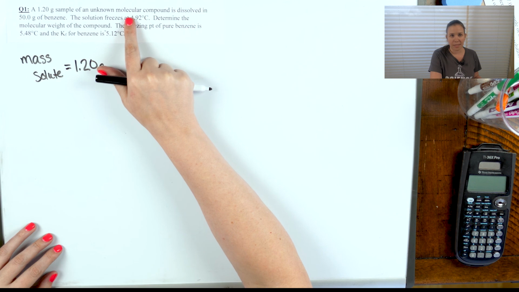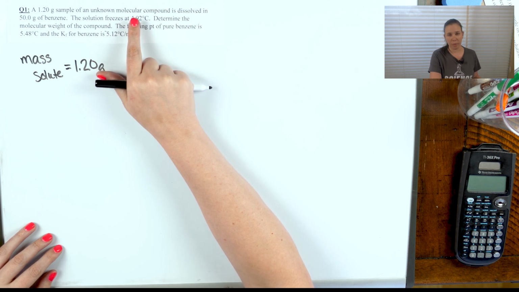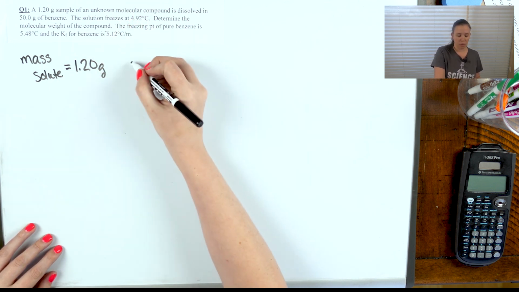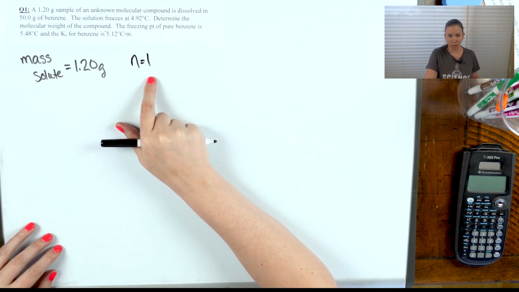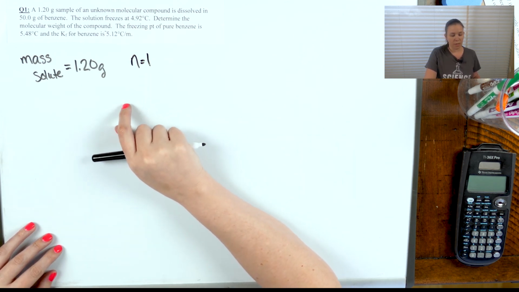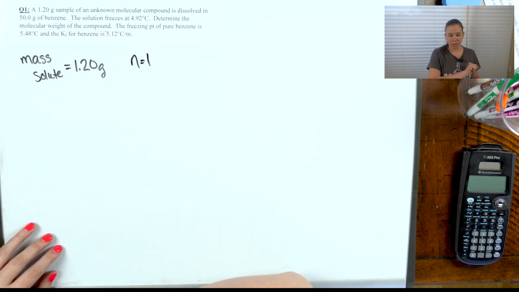Another important word here is that it's a molecular compound. The word molecular means it's a covalent compound, and we know covalent compounds do not dissociate in water. So I know that it would only have one particle. So N equals 1.